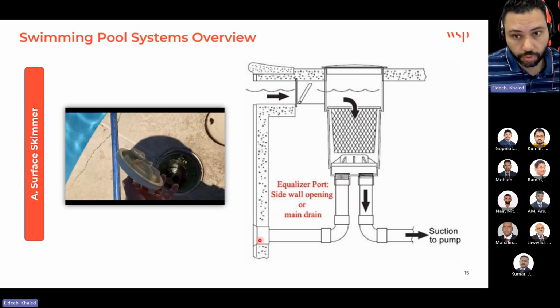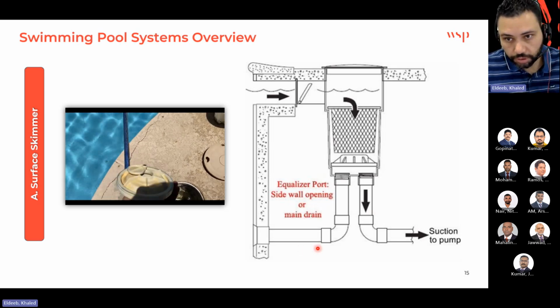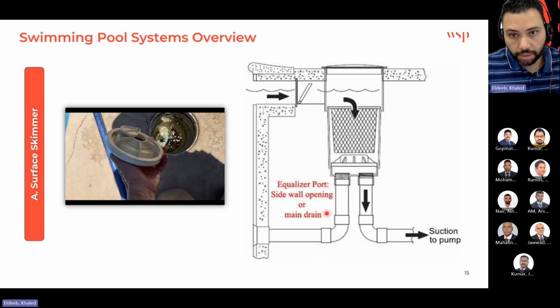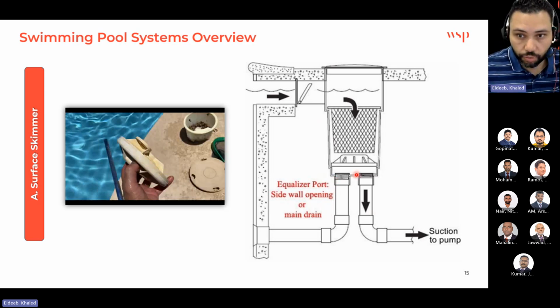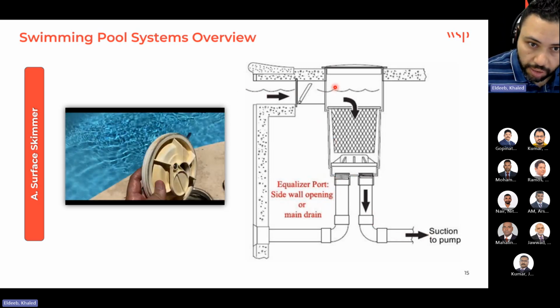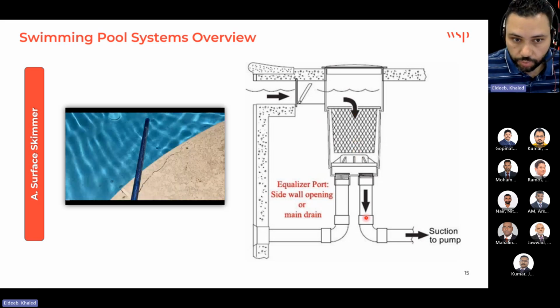An anti-siphon loop, this one, or any similar solution shall be provided at the skimmer body to prevent suction of air into the circulation system. So we have the pool water coming here through the basket, and it's supposed to go to the pump.